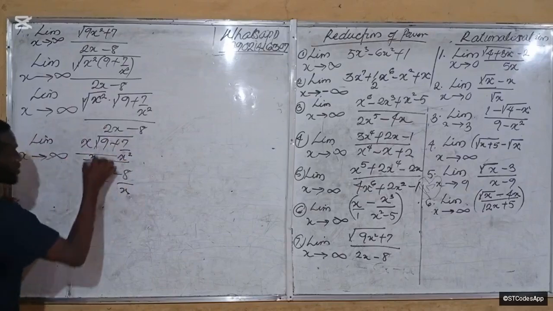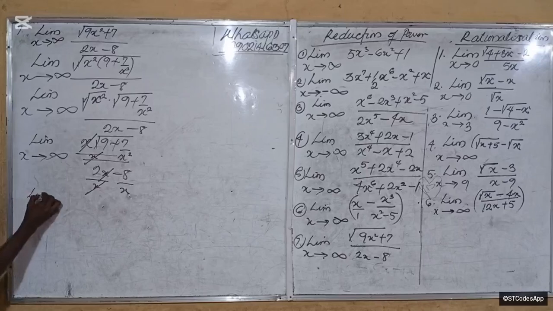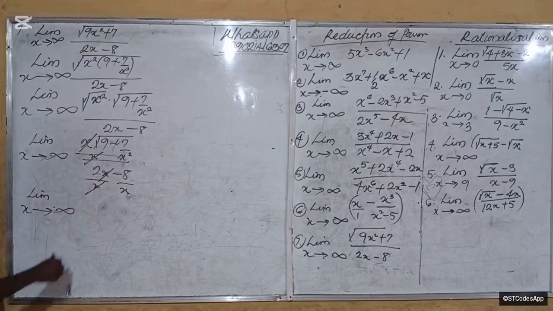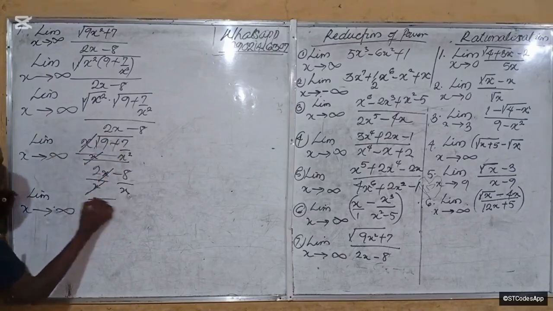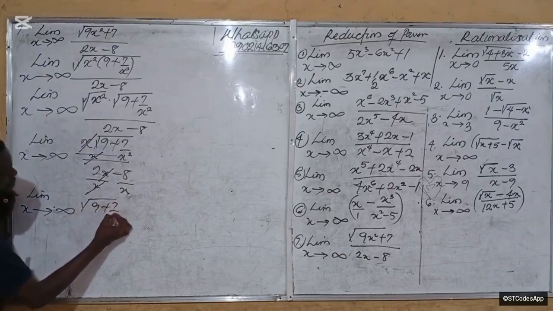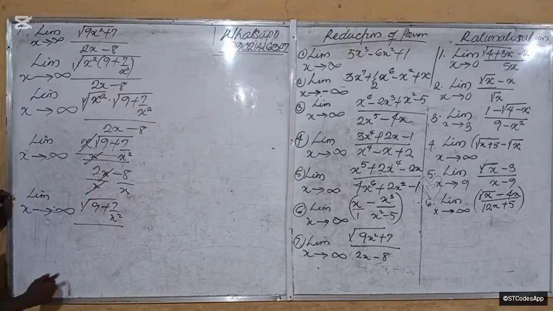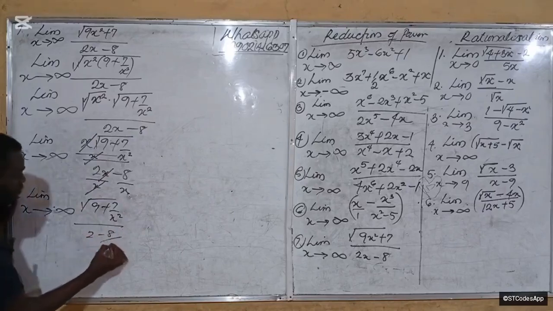So we have the limit as x approaches infinity of the square root of 9 plus 7 over x squared, all over 2 minus 8 over x.